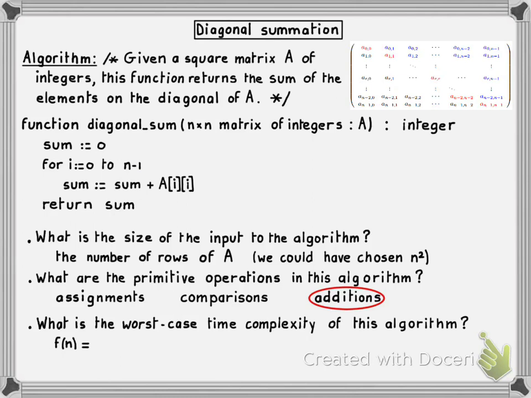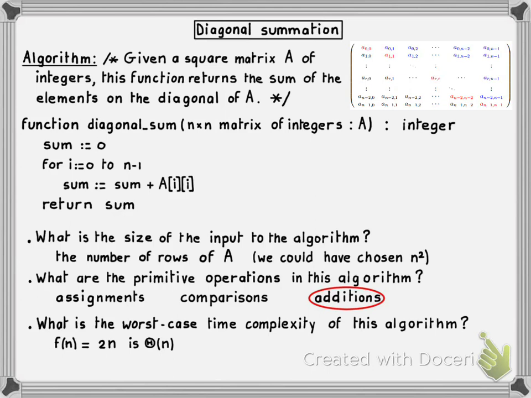So we have 2 additions per iteration of the loop. Now, how many iterations will this loop execute? Well, we go from 0 to n minus 1, so we have n iterations times 2 gives you a total number of additions equal to 2 times n. This clearly is big theta of n, so this algorithm therefore is a linear time algorithm.